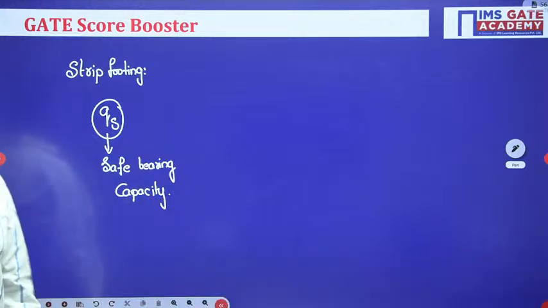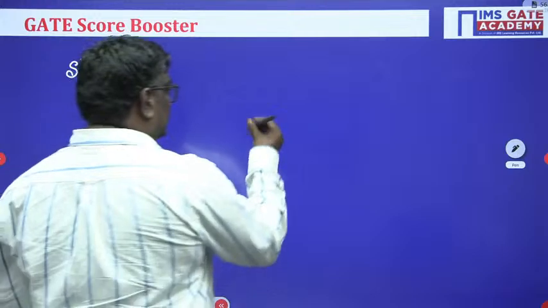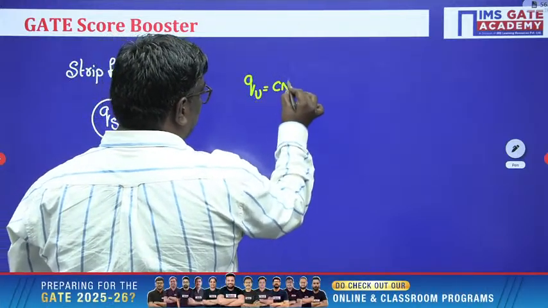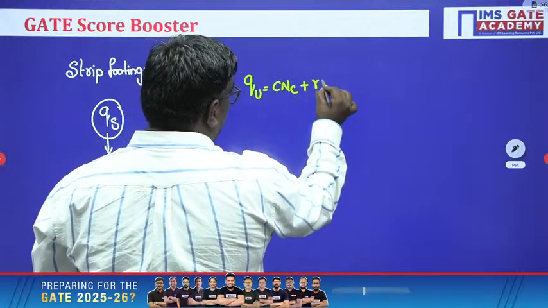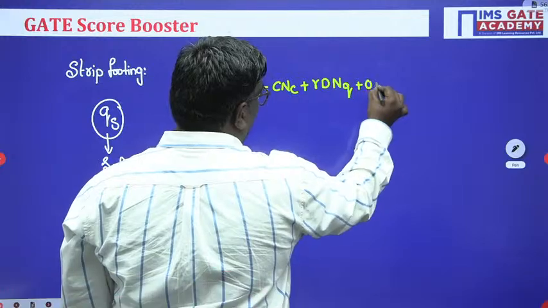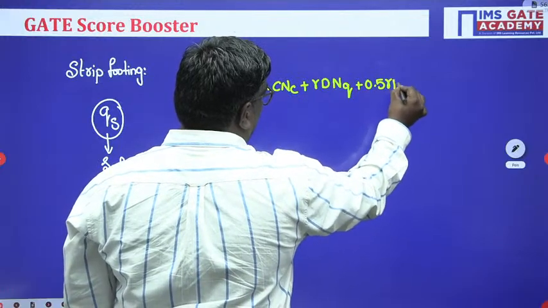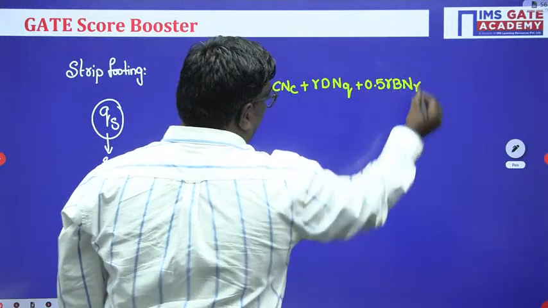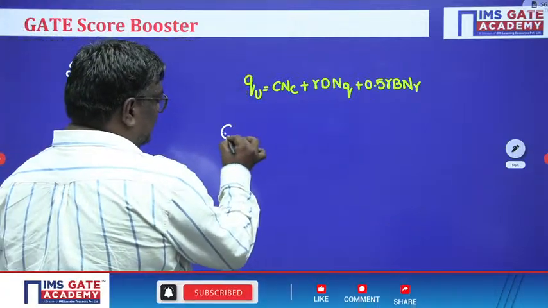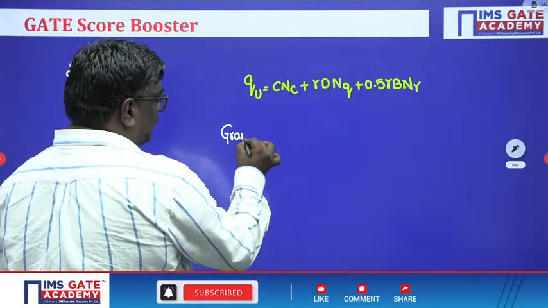Am I clear? So see students, here in this problem for strip footing, q_u is equal to cNc plus gamma D Nq plus 0.5 gamma B N gamma. This is the formula. Now they have told in the problem that it is a granular soil.